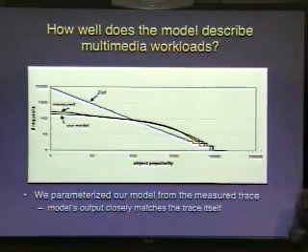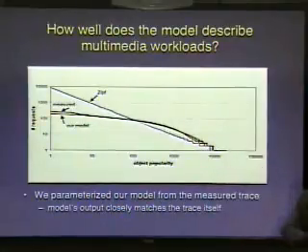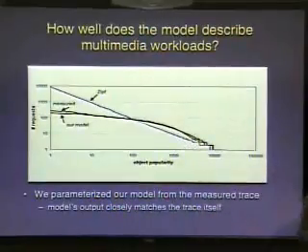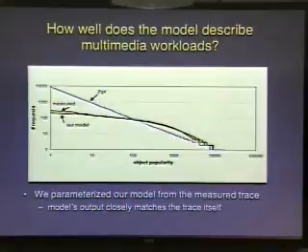The results I show in this graph here. There are three request distributions. The green curve shows the measured distribution that we saw in the trace. The blue curve shows the Zipf distribution that explains the web workloads very well. And the red curve shows the distribution that is predicted by our model. Clearly, the green and the red curves match pretty closely, which validates our model.